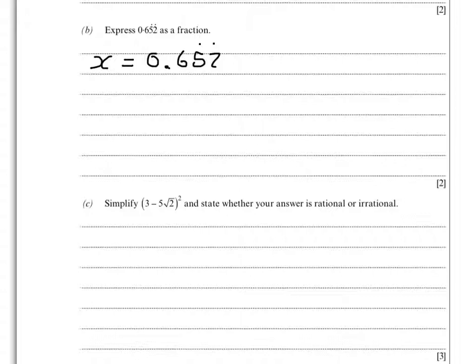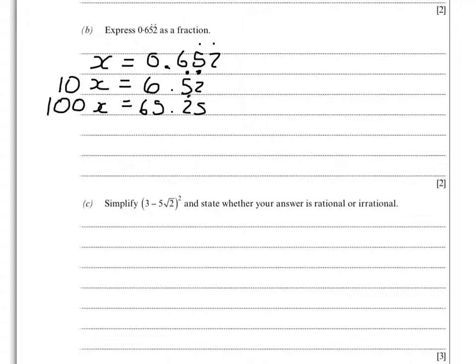So the first thing I'm going to do is times both sides by 10. And if I do that, the 6 moves forward, and so I'm just left with the 52 recurring after the decimal point. But the decimal above and the decimal below aren't equal after the decimal point, so that's no good. So what I'm going to do is times it by another 10. So that gives me 100x, and now I've got 65.25 recurring after everything has moved forward.